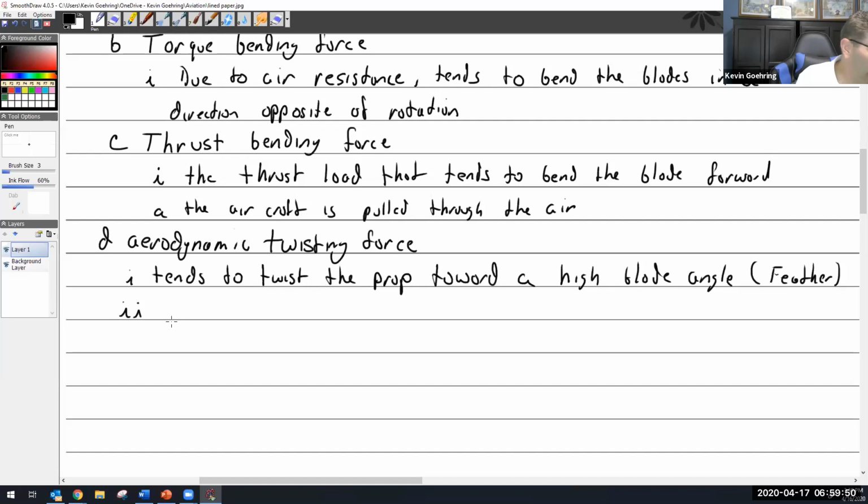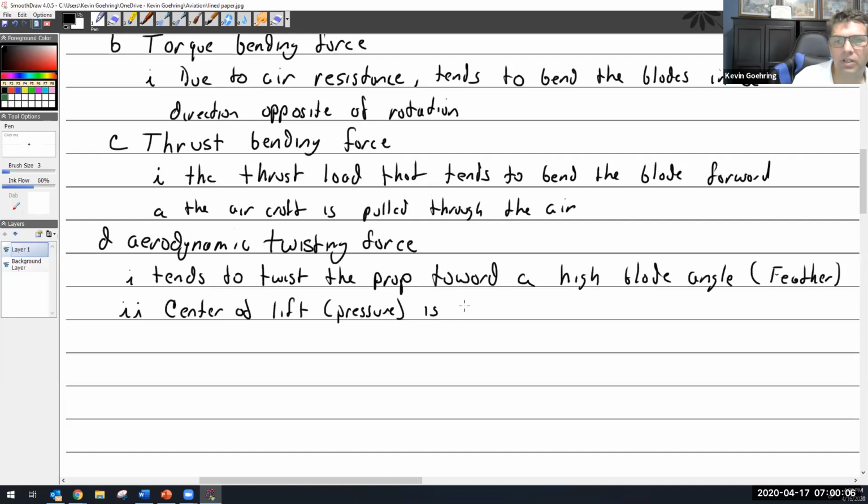All right. Center of lift, or center of pressure. Sometimes it's called center of pressure. I like center of lift, I don't know.